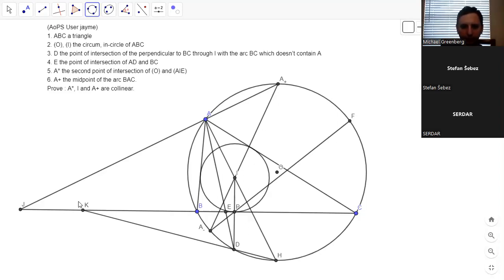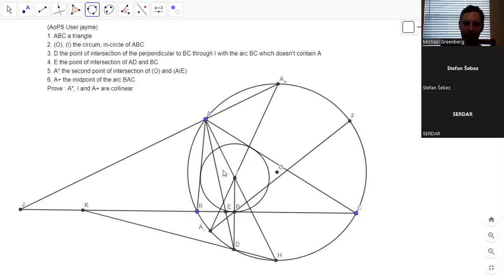So HD times HK is HI squared. Well, HI squared is HB squared. Basically, I think if we draw any line through H and we let it intersect BC and the circle, then we always have it that when you multiply the two, it's HI squared.